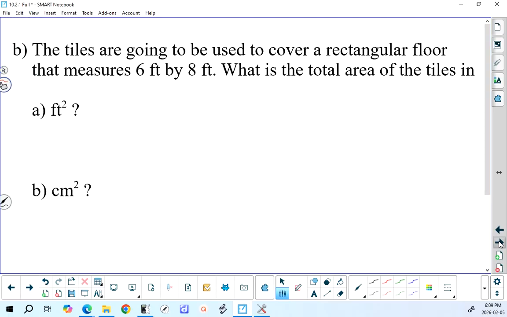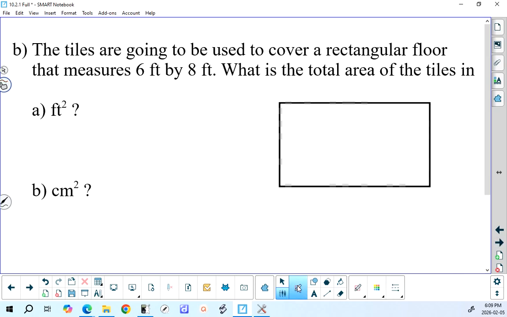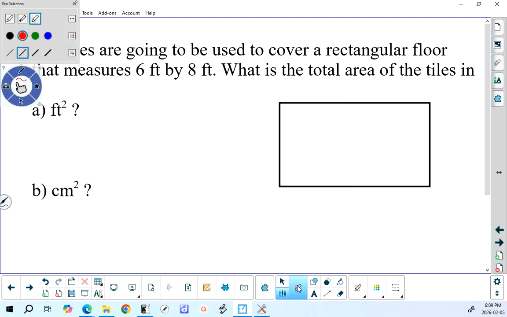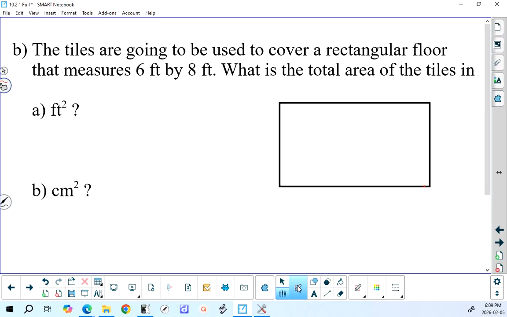Part B says the tiles are going to be used to cover a rectangular floor that measures 6 feet by 8 feet. So we're dealing again with a rectangle. It's 8 feet long and 6 feet wide. That's probably not drawn very well to scale. Just clean that up a bit.